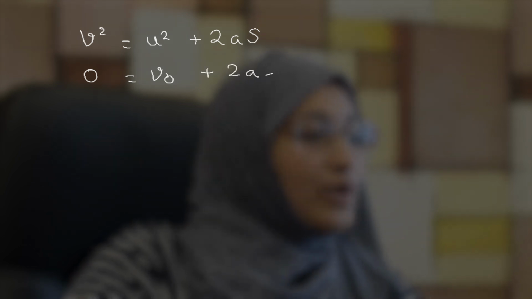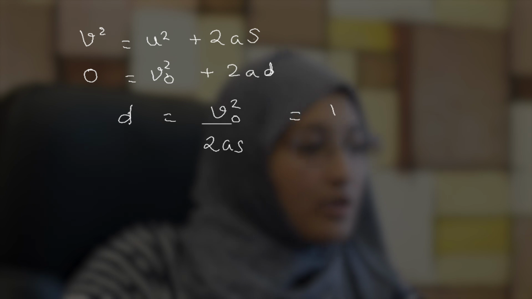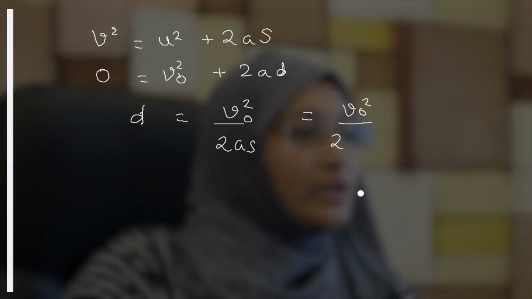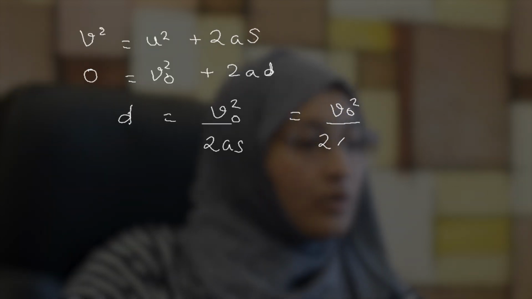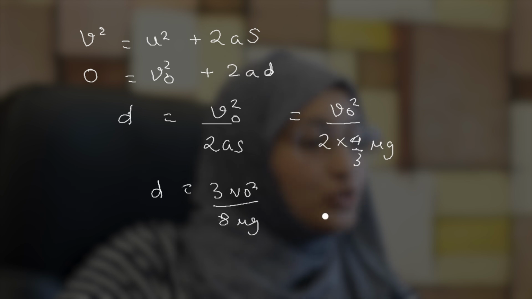Let the distance be D. So from here D will be equal to V0 square by 2a. So V0 square by 2 into the acceleration we calculated for the block, 4 by 3 nu g. So D will be equal to 3 V0 square by 8 nu g.